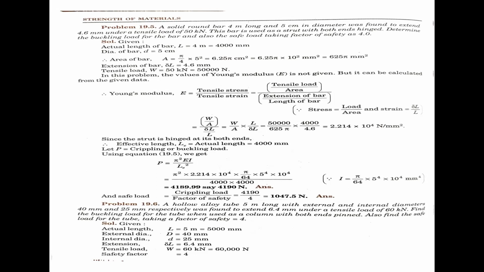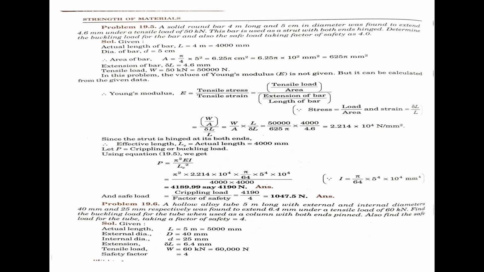Now the solution. First, the given data. Actual length of the bar L equal to 4 meters, converted to mm, 4 into 1000, 4000 mm. Diameter of bar D equal to 5 centimeters. Area of bar A equal to pi by 4 into 5 square, that equals 19.635 centimeters square, that is finally the area of bar.